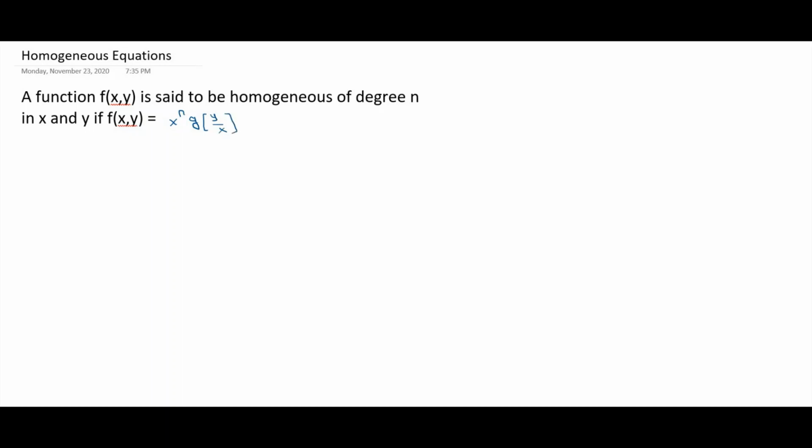So if we express the given equation in the form of g of y by x, where you can take the highest power of x outside, and express the rest in the form of y divided by x, then you can say that the given function f of x comma y is homogeneous.